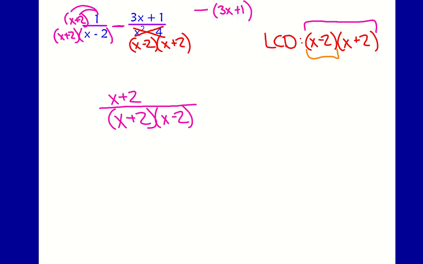So when I'm combining like terms and distributing, the negative gets distributed to the 3x as well as the 1. I'm subtracting all of 3x plus 1, which means I'm subtracting 3x and 1. Combining like terms, I get negative 2x plus 1 over x plus 2 times x minus 2.